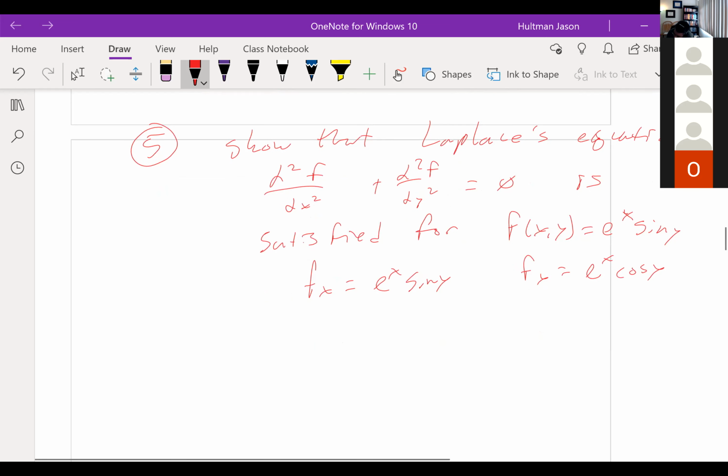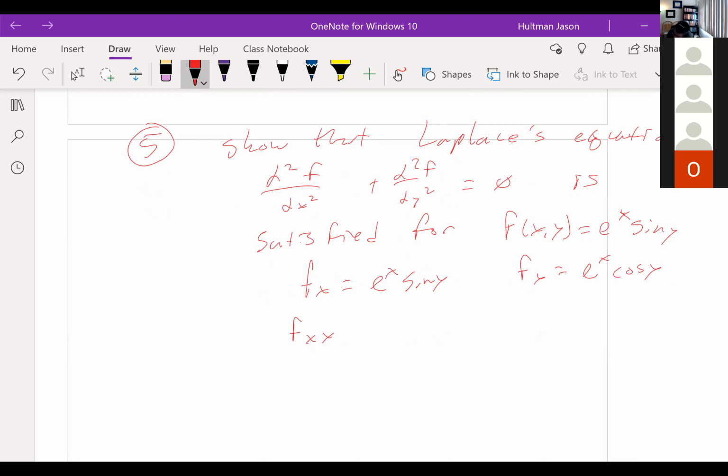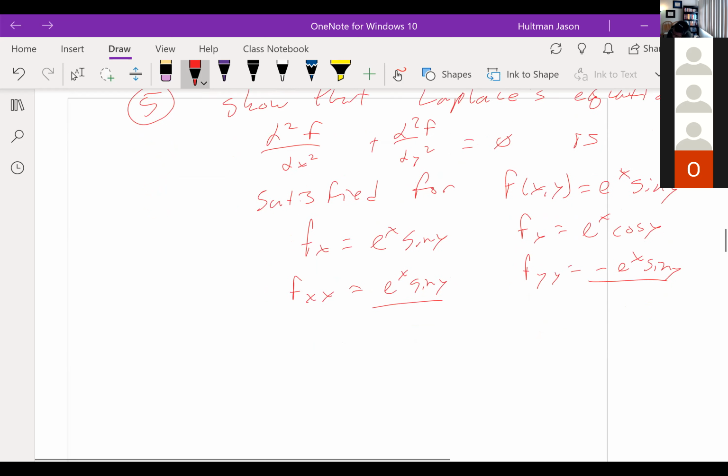Okay, what's f sub xx? Well, take the derivative with respect to x again, same thing. Okay, what's the derivative with respect to y? Take the derivative with respect to y here, we get negative e to the x sine y. And what do we notice? We notice that this guy is the opposite of that one.